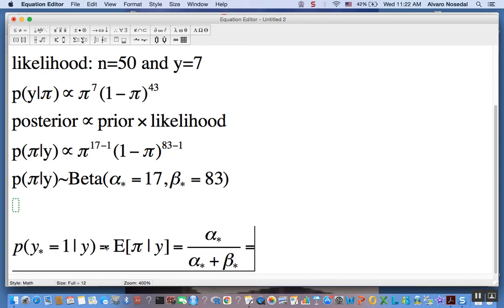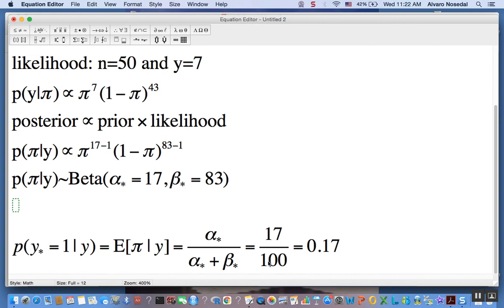So our prediction for that probability would be 17 divided by 17 plus 83, that's 100. So that's 17%. Make sense?